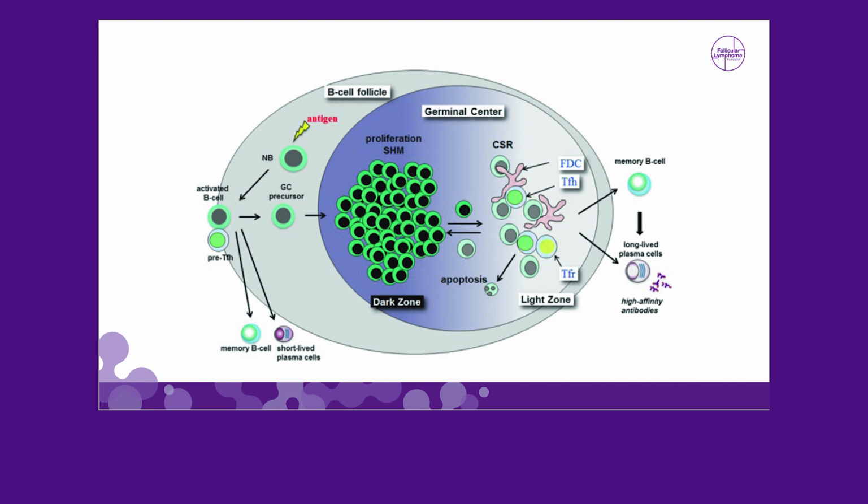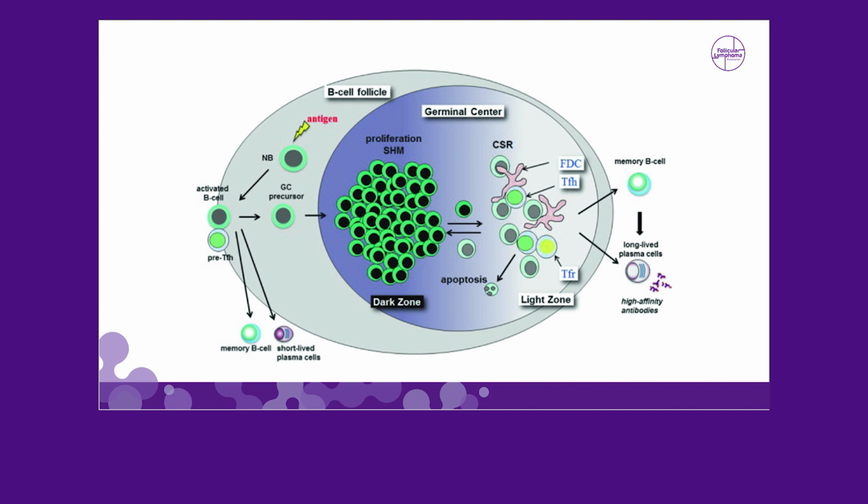Then those cells that, due to the process of somatic hypermutation, acquired mutations that decrease the affinity of the surface immunoglobulin, those cells usually die by apoptosis. However, those cells that, due to the accumulation of mutations, now have a high affinity to the antigen, are selected during collaboration with two types of cells.